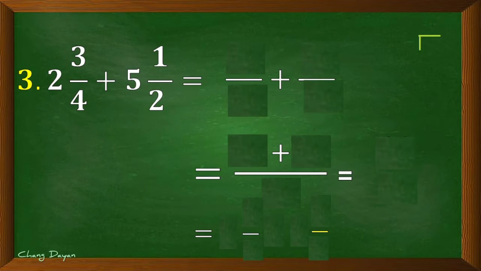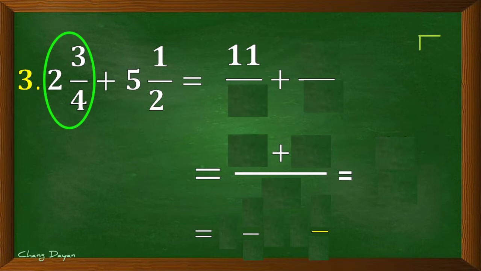Number 3. Ito, i-add naman natin ang dalawang mixed number na may magkaibang denominator. Unang gagawin, i-change ang unang fraction sa improper fraction. I-multiply lang ang 4 sa 2, that is 8, plus 3. Ang sagot ay 11.